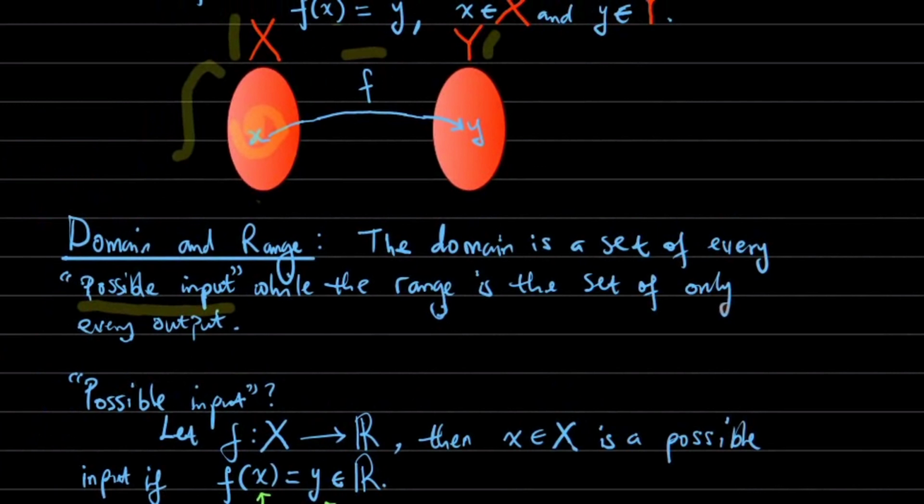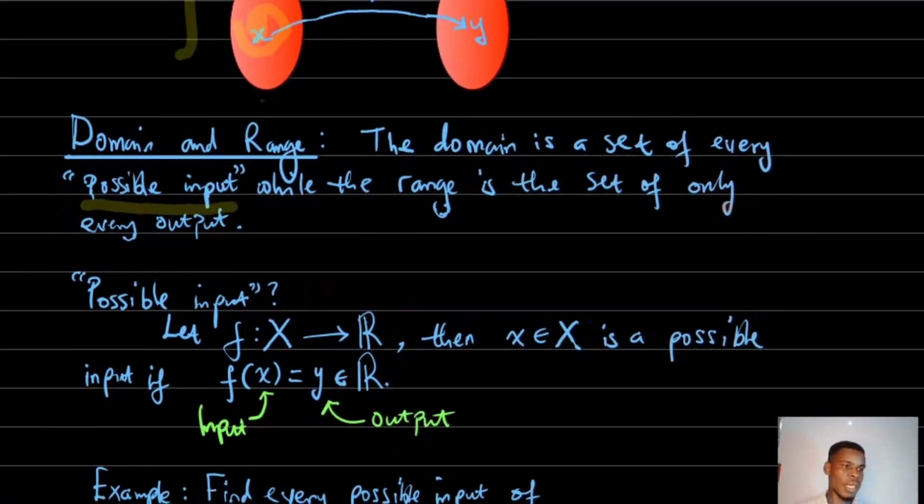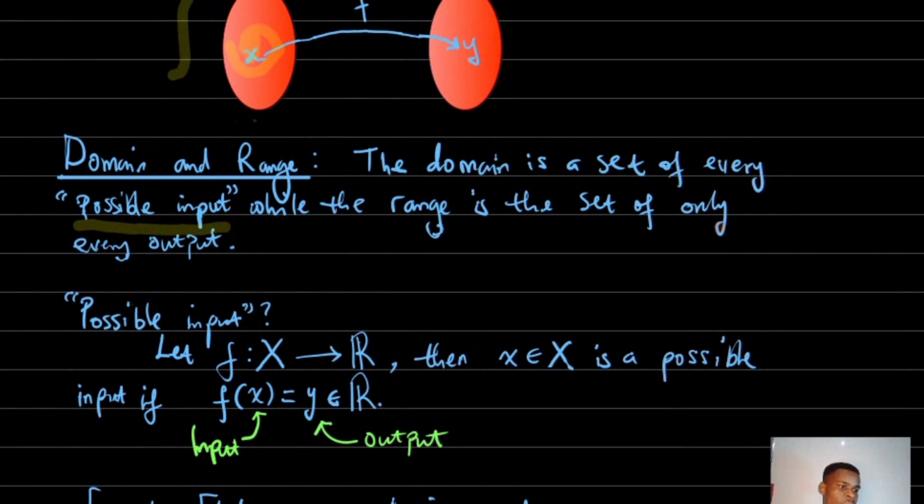What that means is that if the range is denoted by R, then R is a subset of the codomain. The range R stores only the outputs, and it stores all of them, but only the outputs.